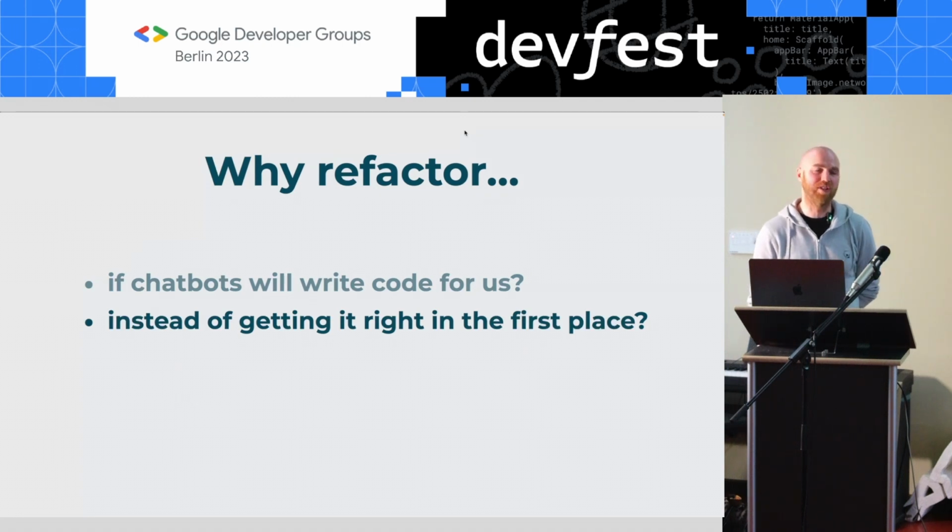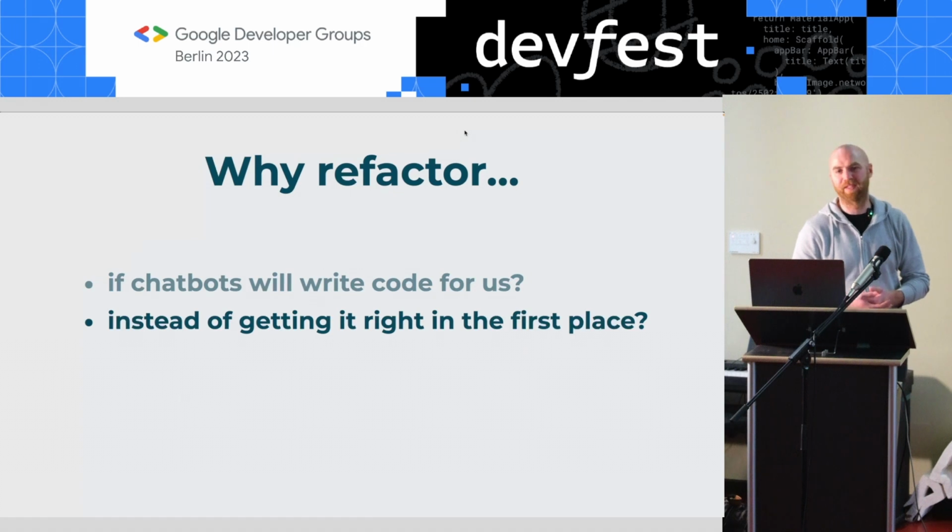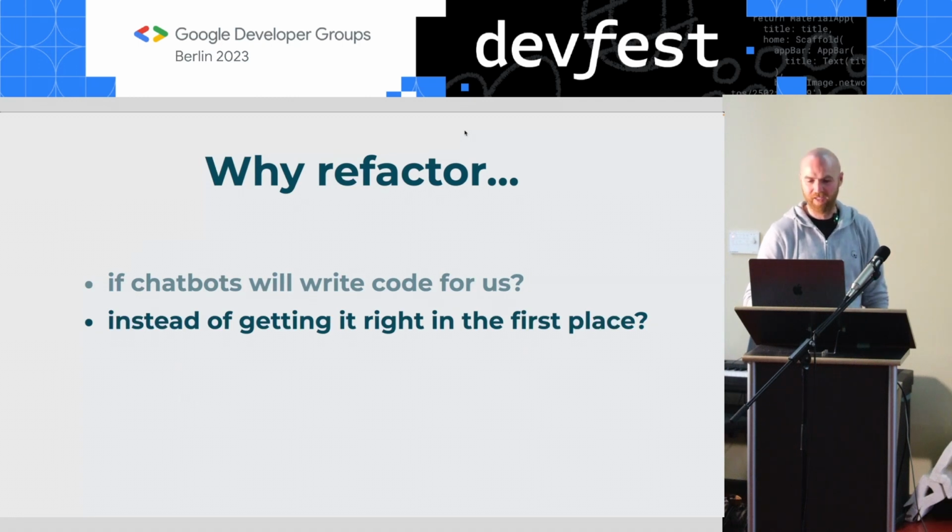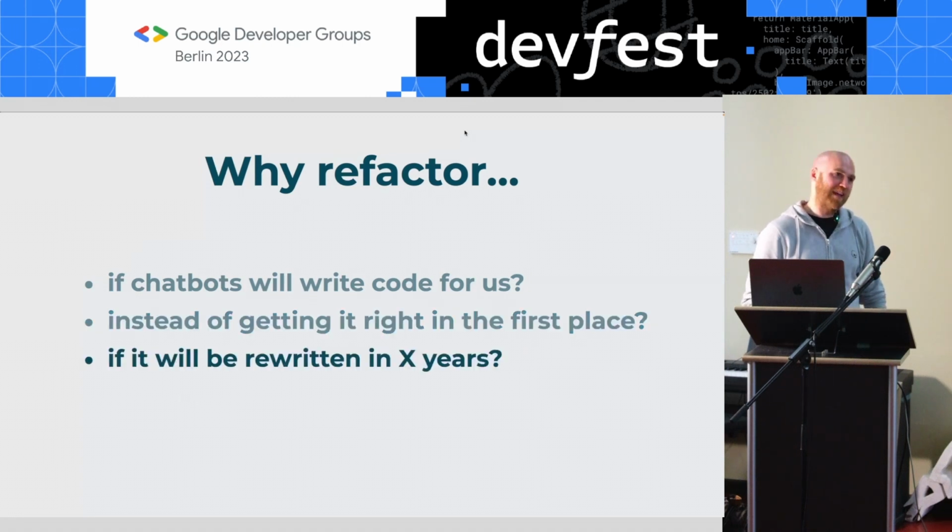Even if you could get something right in the first place, the world around you will change. A perfect Kotlin code you wrote today will be obsolete in 10 years, or something else will change, like the world you model. So there is an interesting question: why refactor if it will be rewritten? Lots of software is rewritten.